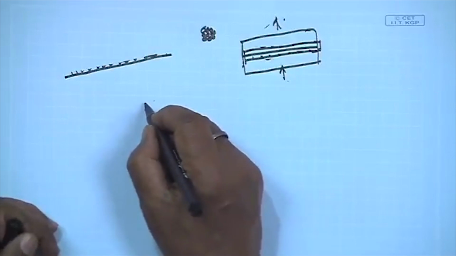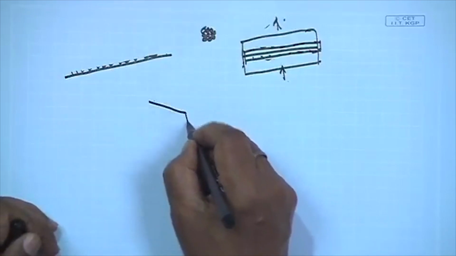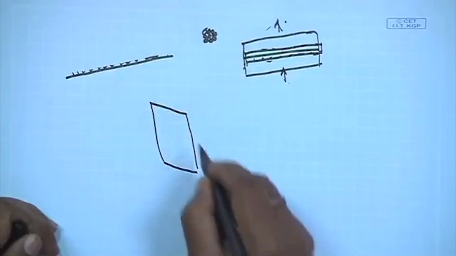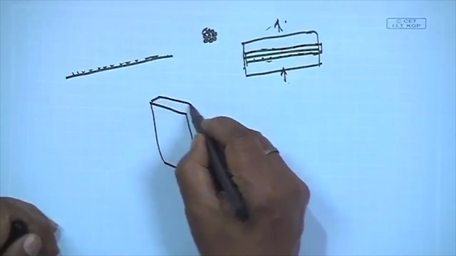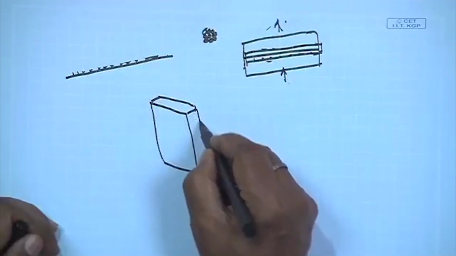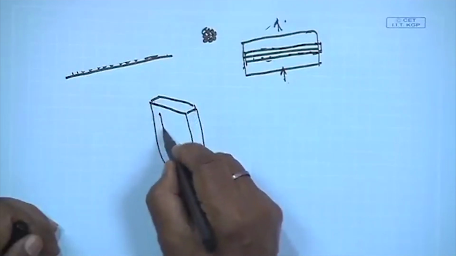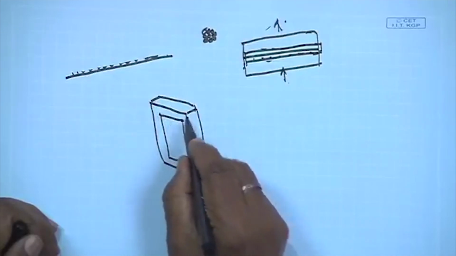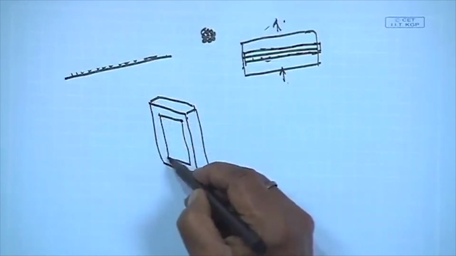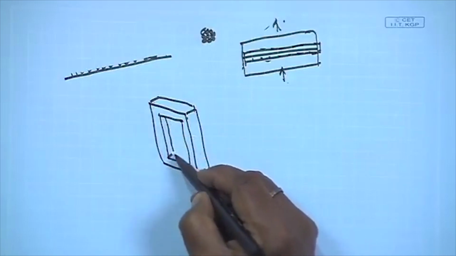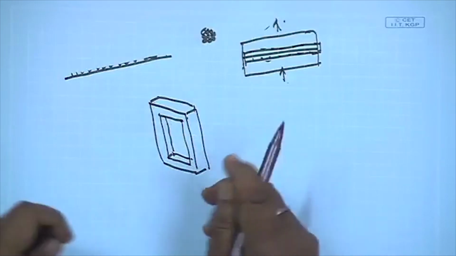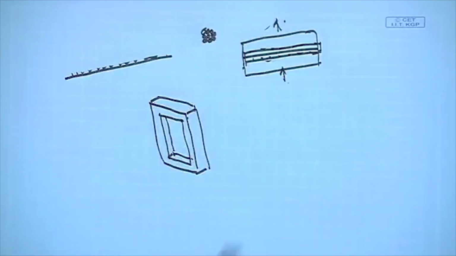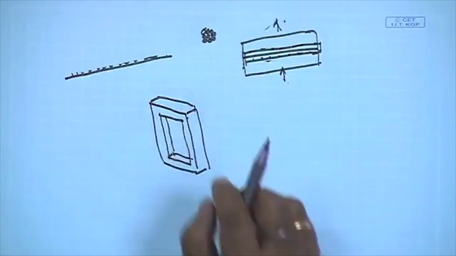Plate and frame. Frame, we understand, is what we have in our door. In the door we can have a wooden frame like this.